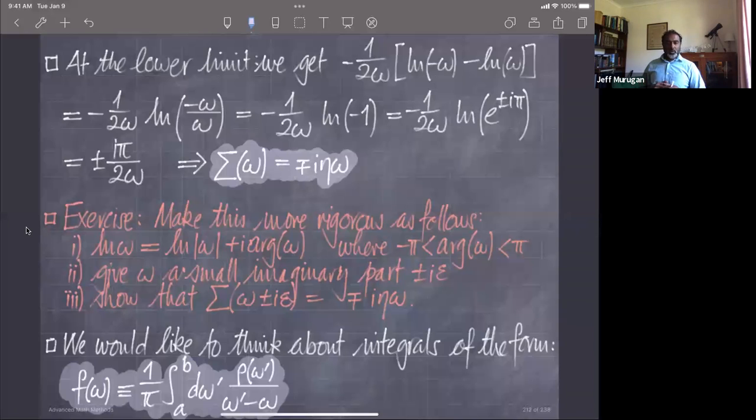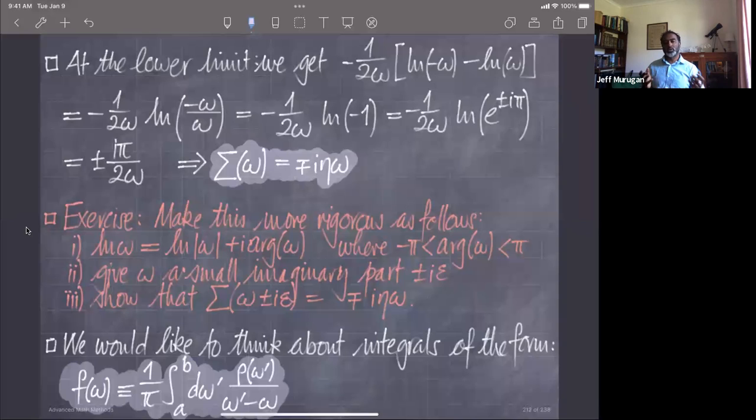There's a couple of things we need to point out here, though. One is that the integration variable omega prime runs between A and B. And if omega lies in that interval between A and B, which often is the case, then we're going to be in trouble because we've got a pole of the integrand lying on the integration contour.